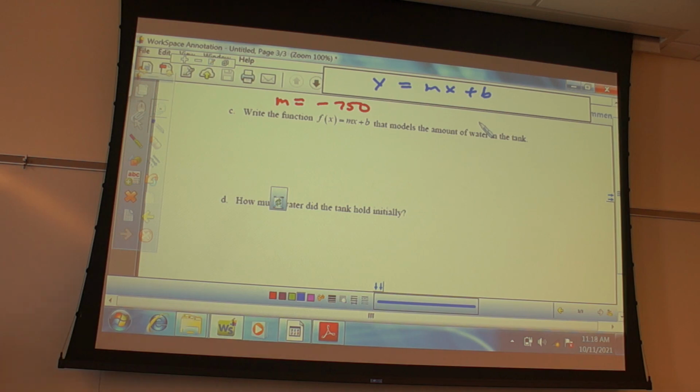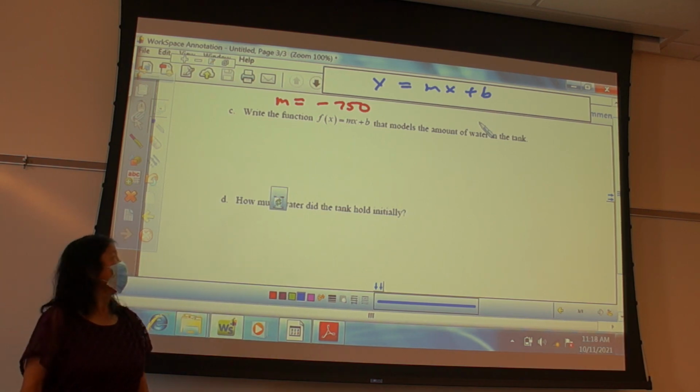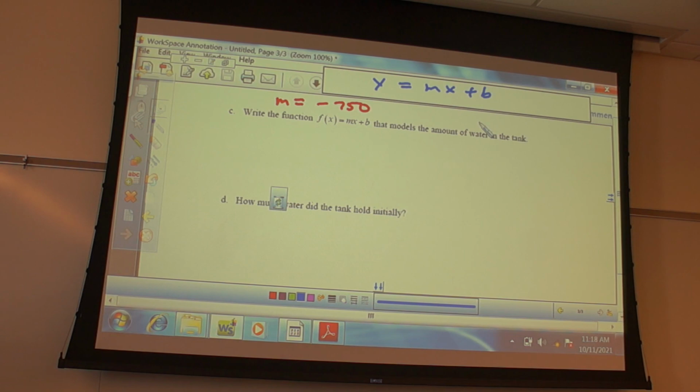So let's take a look at points in general. The way that points work is that the equation is true for every point along that line. So, for example, switch over to here.